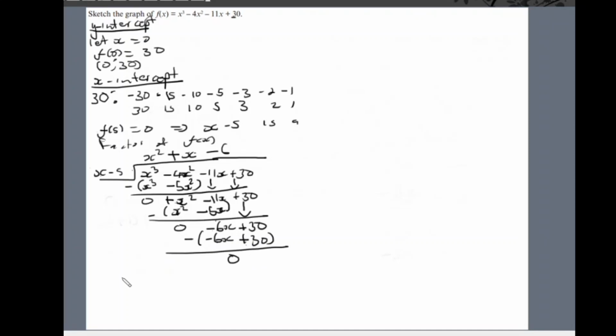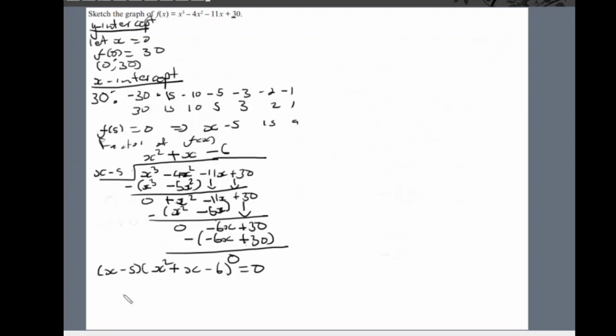So to calculate my x-intercepts, I'll use this equation: x squared plus x minus 6 is a factor of f of x, right? Because we have a remainder of 0 there.